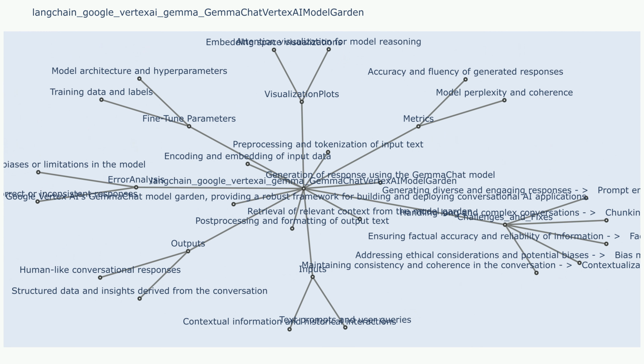Fine-tune parameters. Parameter 1. Explain in detail. Learning rate, the rate at which the model's weights are adjusted during training, influencing the speed and accuracy of the learning process. Parameter 2. Explain in detail. Batch size, the number of samples processed at a time during training, affecting the computational efficiency and training stability. Uncertainty methods.